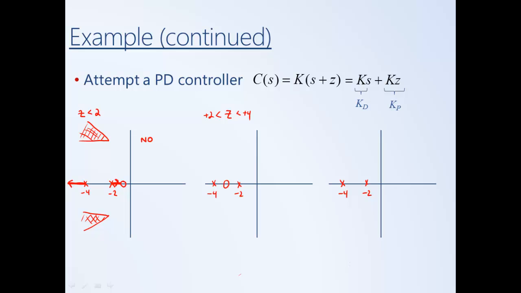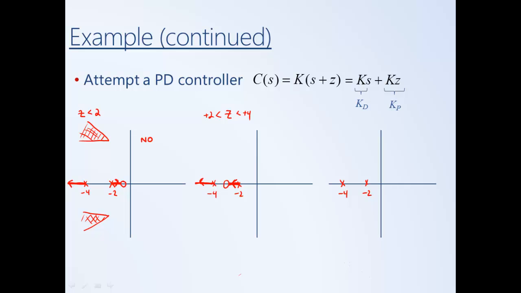Again, drawing the root locus, we have the root locus on the real axis to the left of an odd number. So that's to the left of 1. That's to the left of 3. We again have an asymptote going off to -180 degrees. We again have a branch that starts at the open loop pole at -2 and goes to the open loop 0.